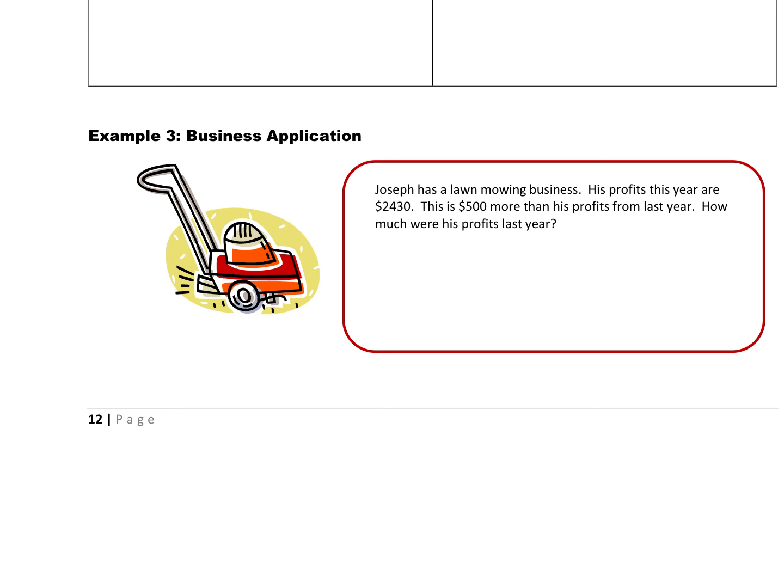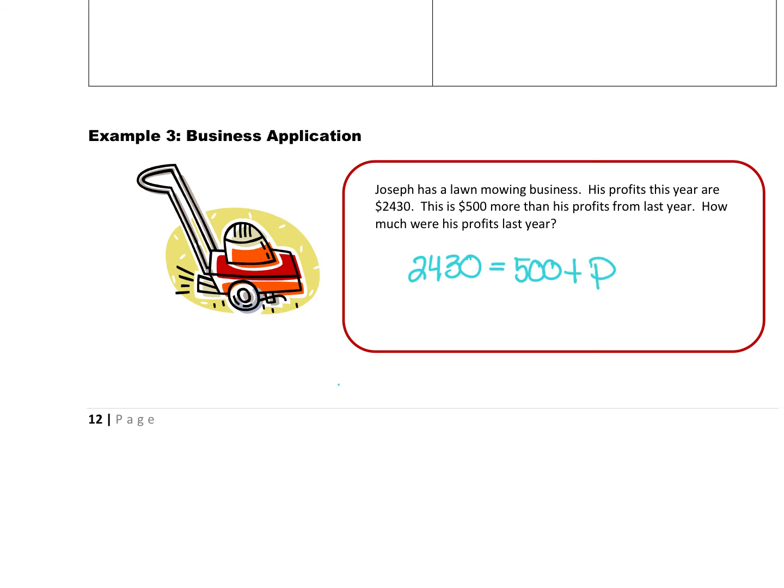Well, we want to write an equation to solve in order to answer this question. So we have his profits this year are $2,430. This is 500 more than his profits from last year.